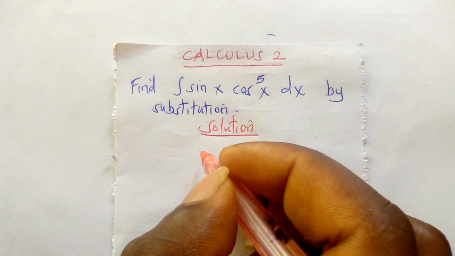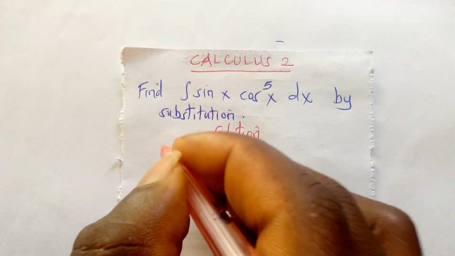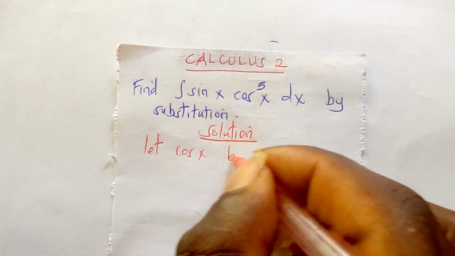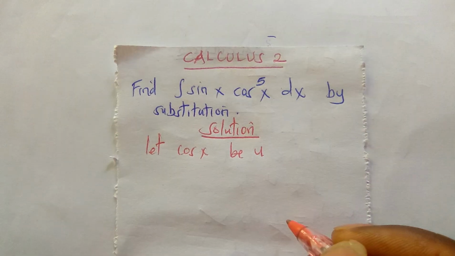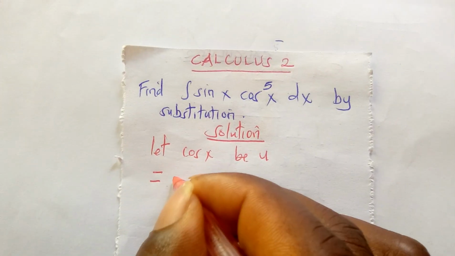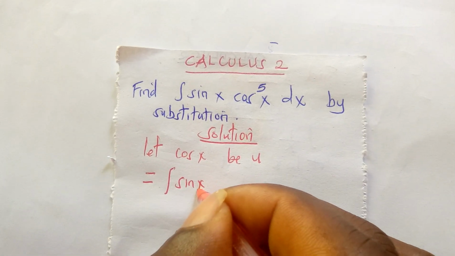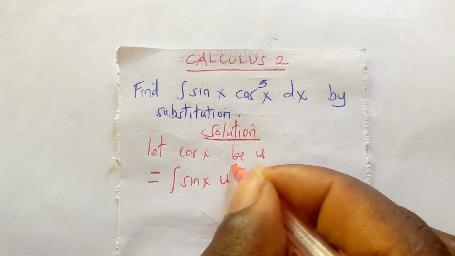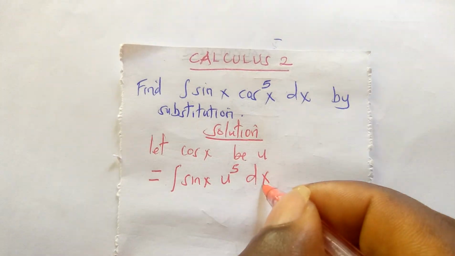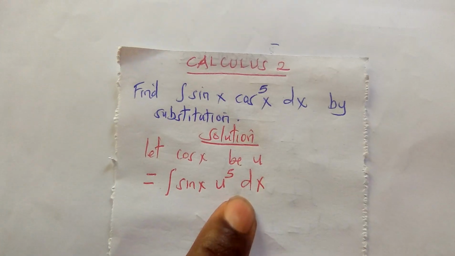So let cos x be u. Now when I substitute it here, it will be the integral of sine x u raised to 5 dx. So that first step is very important as well.